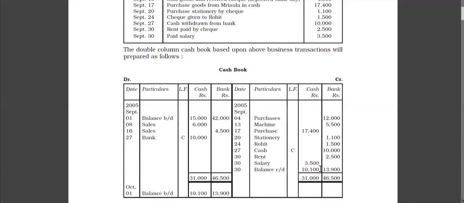The same way you have to tally the bank column too. Then you have to transfer this balance carried down to the beginning as the opening balance, October 1, balance brought down. So this is our double column cash book.